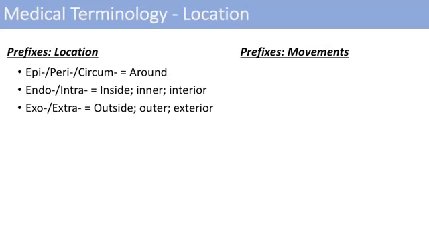So these just mean outside or outer or exterior. So you can think of exocytosis or the extracellular environment. And a term that a lot of students get confused with is inter. You can see that intra and inter are very similar.